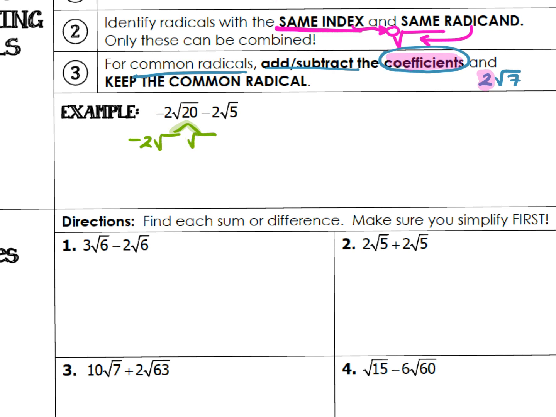What perfect square is 20 divisible by? 4. So this is going to be a 5, and then minus, and then you have a 2 rad 5. Can you break a rad 5 down? That's as simple as it can go. So you're going to go like this: negative 2 times 2 times rad 5 minus 2 times rad 5.